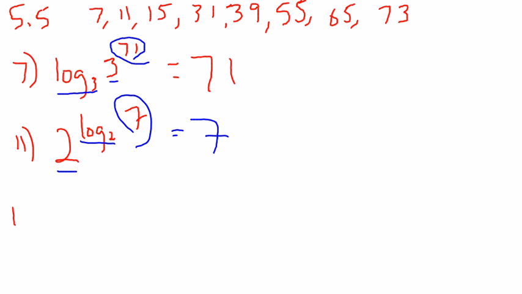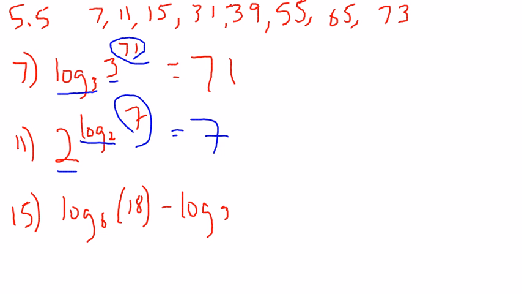Next, 15. It says log base 6 of 18 minus log base 6 of 3. Here you use the rule that takes care of this. If it's a minus on the outside of a log, then we turn it into a division on the inside.